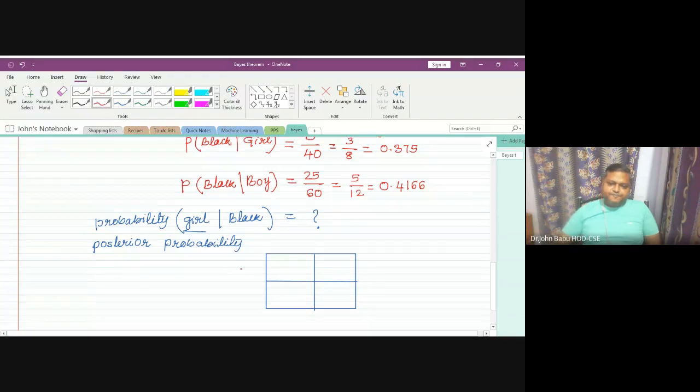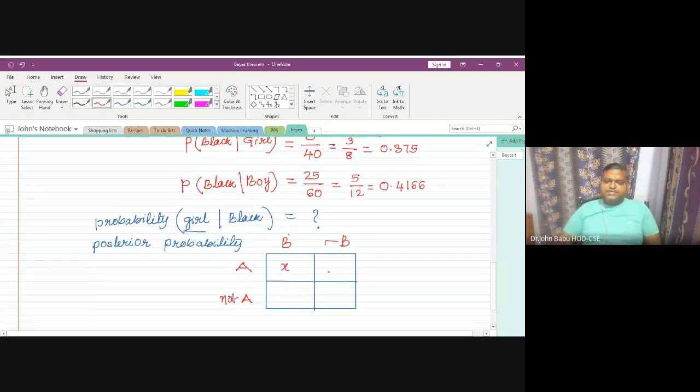Let us say there is an event A and there is an event B. Or let us say A, not A, B, not B. This is the probability that A and B both will occur.